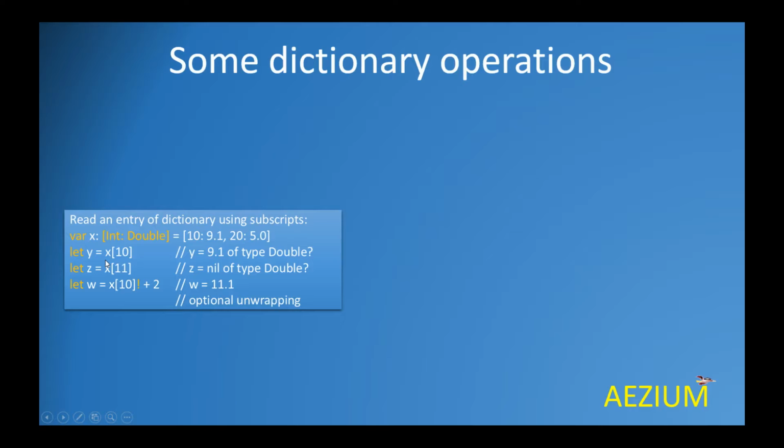Again, if you remember, nil is something which is used in connection with optionals, and as Swift uses an optional as a return value for reading from dictionaries, nil can be used here. So nil is returned and assigned to z.